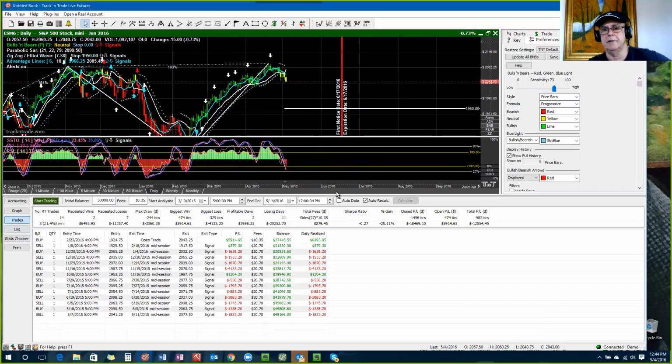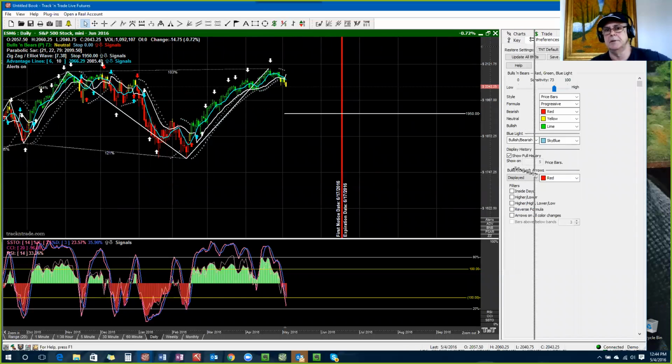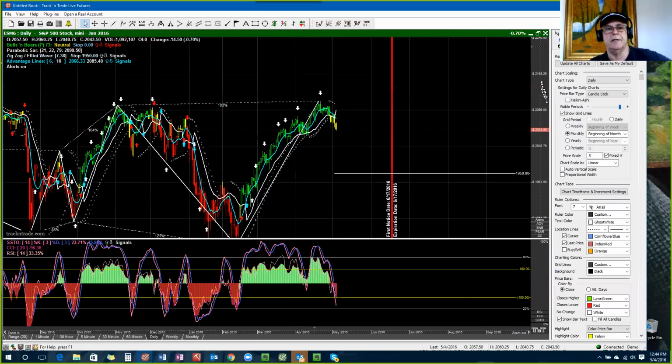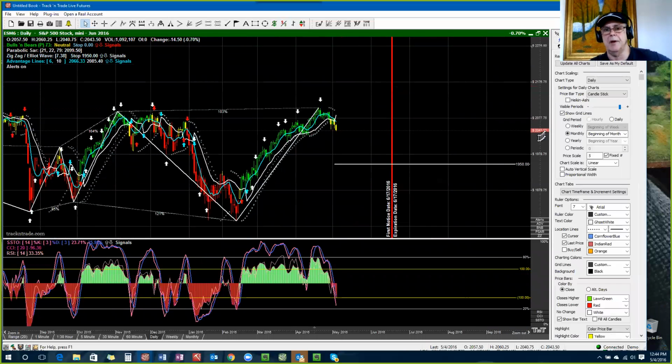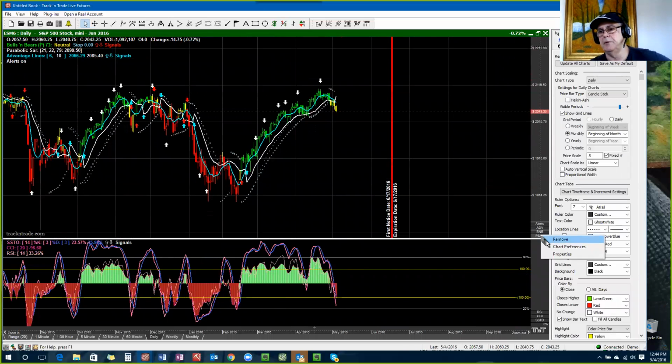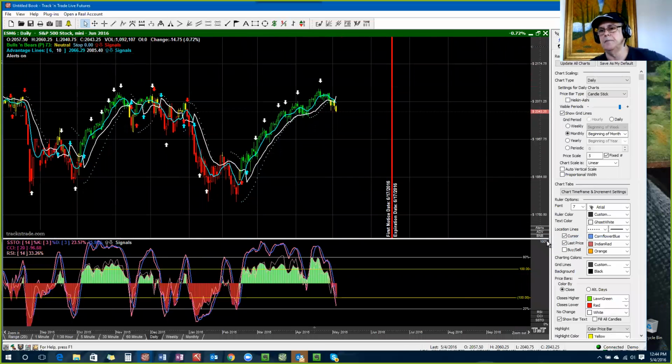But let's say we get rid of all this so we can just see a chart. Let's get rid of zigzag so it's not in the way. Remove. And all we've got now are bulls and bears. Let's even get rid of advantage lines.